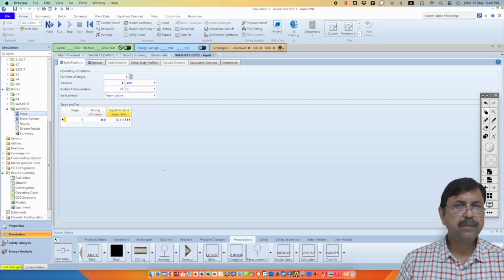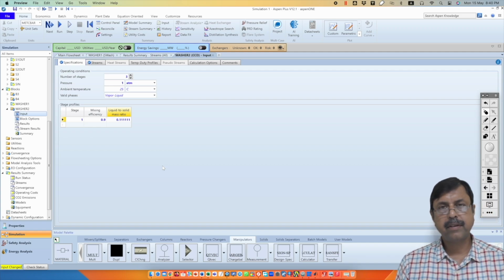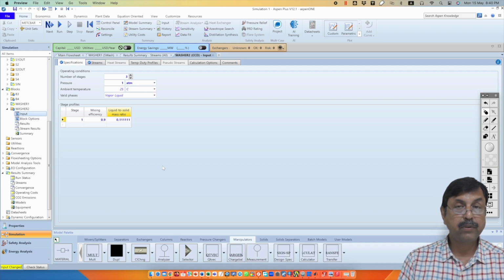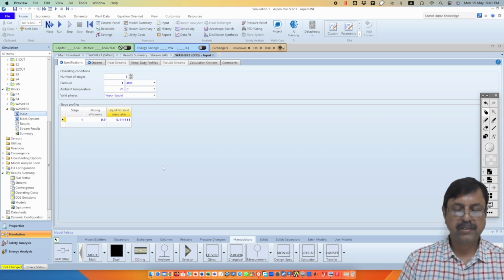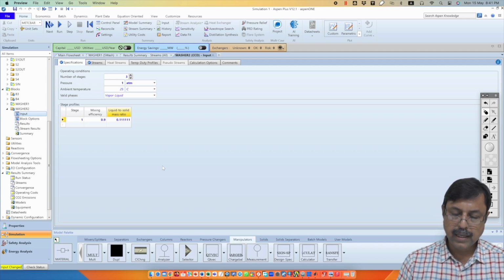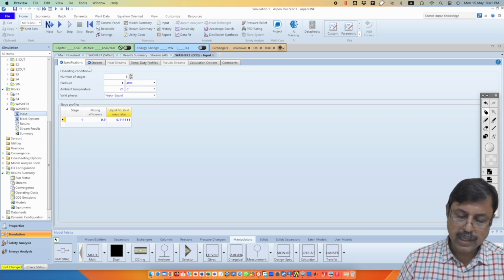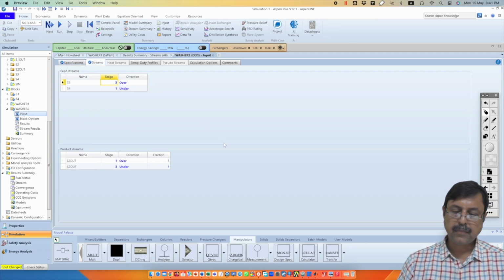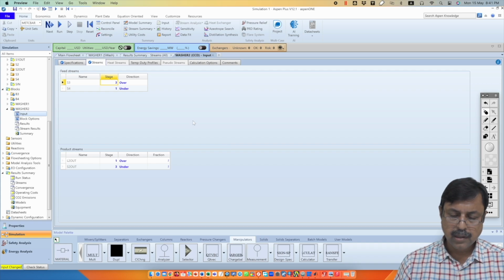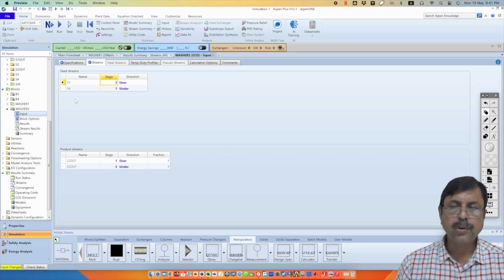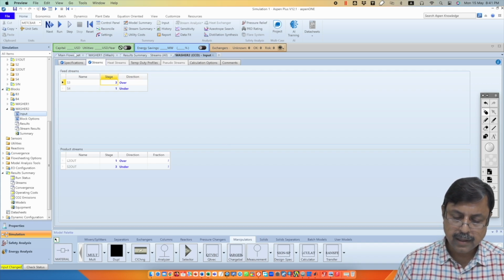But if you do not give any information about second stage or third stage or subsequent stages whatsoever, then the system will assume that all the subsequent stages will have the same data as that of the first stage. So here it is set, and you check the streams, they have automatically been set.